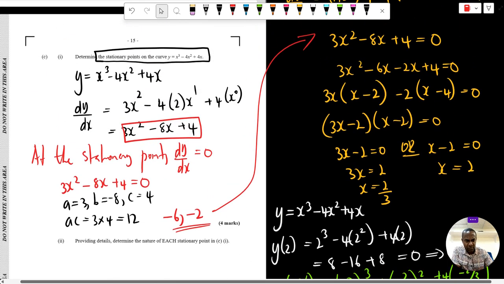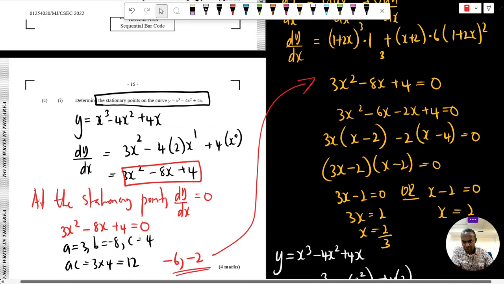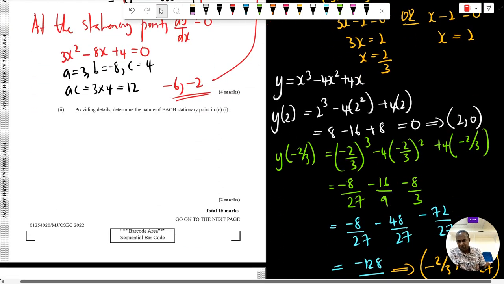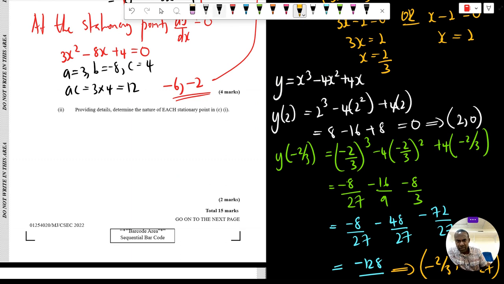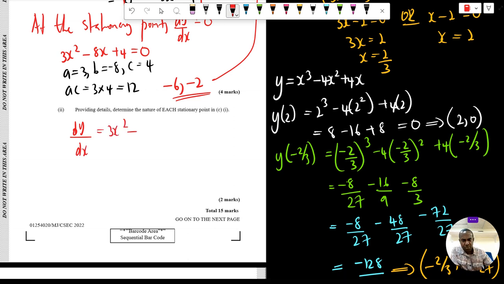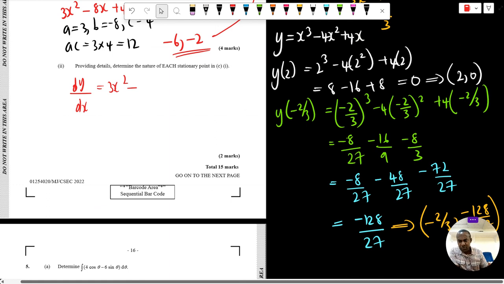What did that give us? Our first derivative, of course, is 3x squared minus 8x plus 4. So dy by dx equals 3x squared minus 8x plus 4.